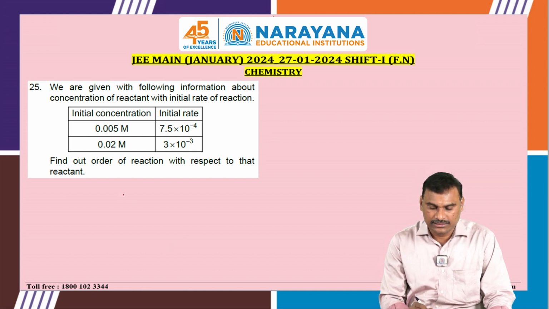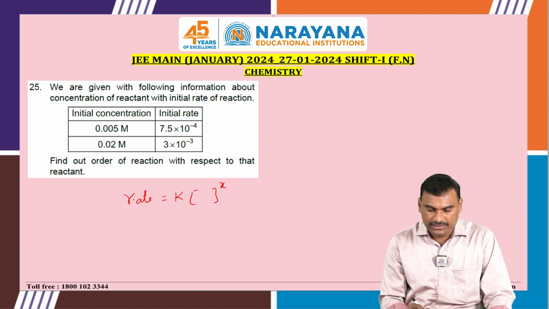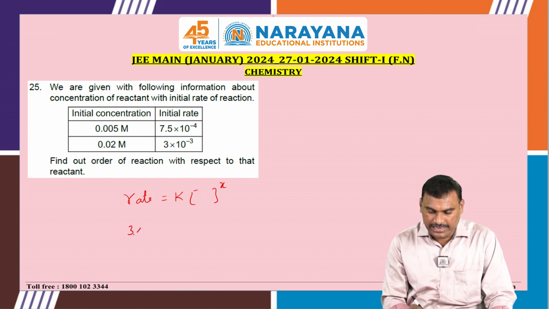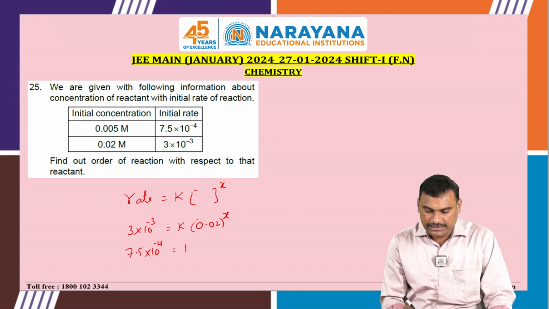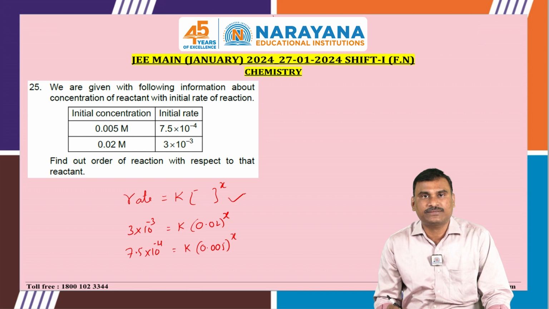I can write the rate of the reaction as K into concentration to the power X. The first rate is 3 into 10 power minus 3, equal to K into 0.02 power X, and the second rate is 7.5 into 10 power minus 4, equal to K into 0.05 power X. This is the rate law I have expressed first.